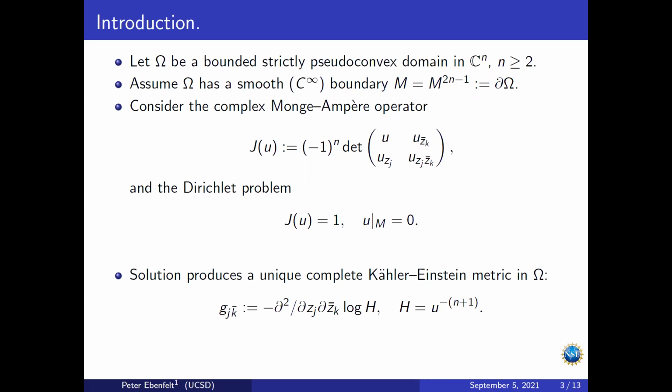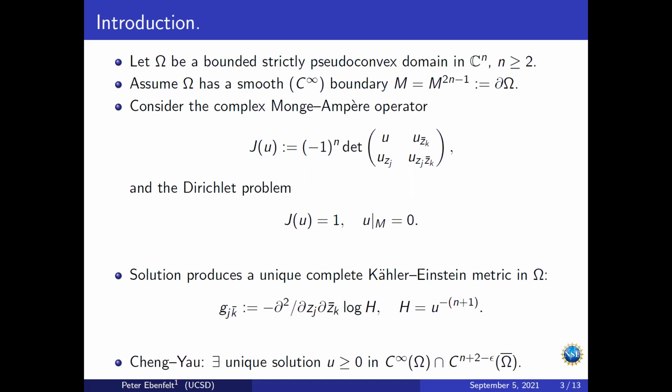And it's going to be a complete Kähler-Einstein metric in omega. And as I said, Cheng-Yau showed that there is a unique positive solution in the interior. It's smooth in the interior, C infinity smooth. It's sort of smooth up to the boundary, but not C infinity.